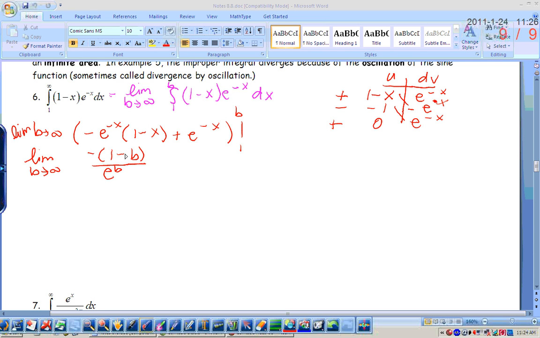Just bring that e to the negative b down to the bottom. Plus 1 over e to the b. Minus, when I plug in a 1, for the first part I'm going to get 0, right, minus 1 over e, or I'll eventually get minus 1 over e if I distribute that negative.